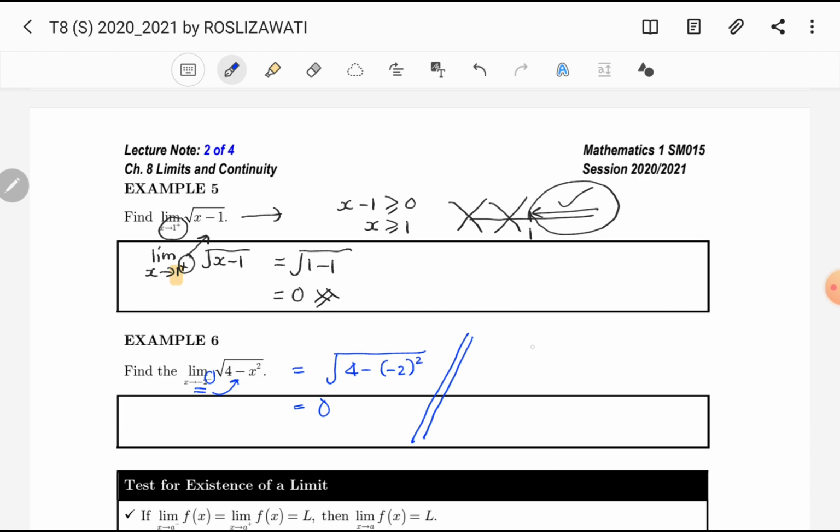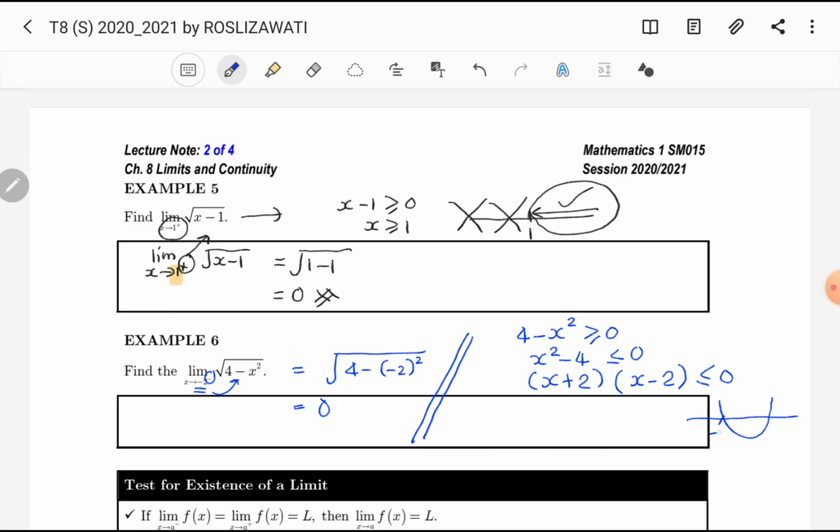The thing inside the surd must be greater than or equal to 0. So 4 minus x squared must be greater than or equal to 0, or x squared minus 4 less than or equal to 0. I changed its sign here. So we have x plus 2, x minus 2 less than or equal to 0. Next, let's use the graphical method, it's easier.